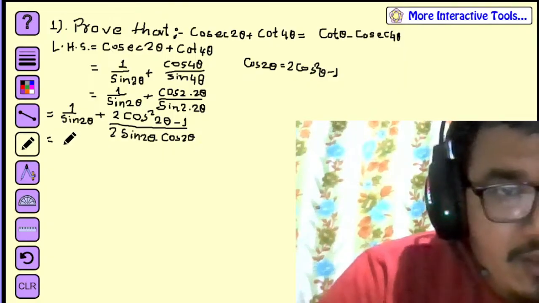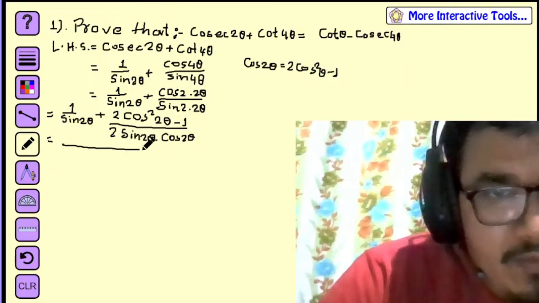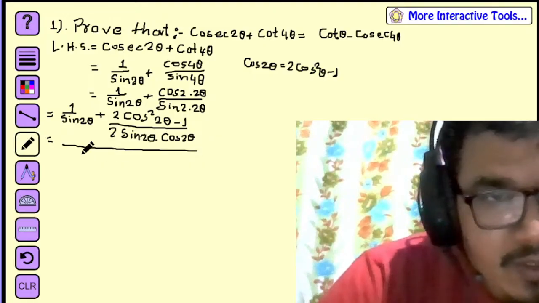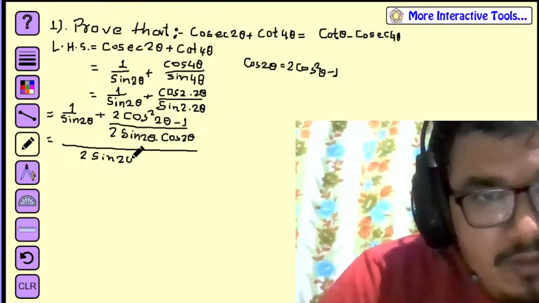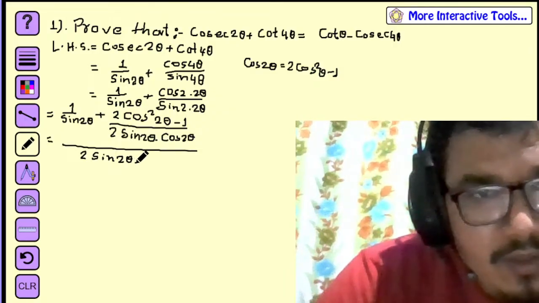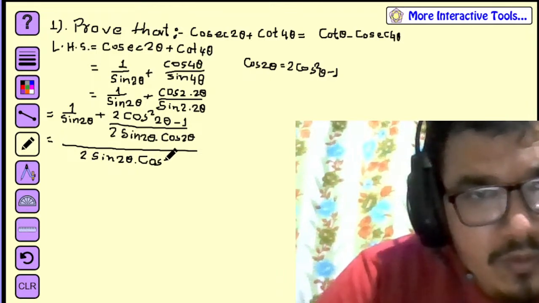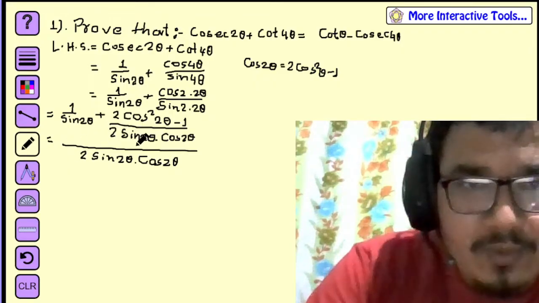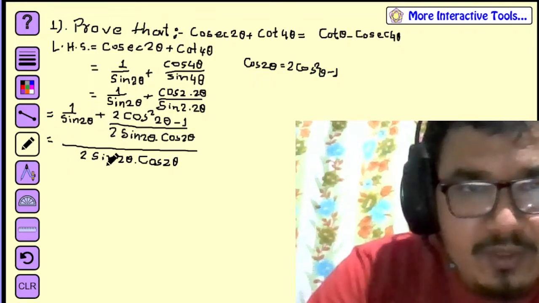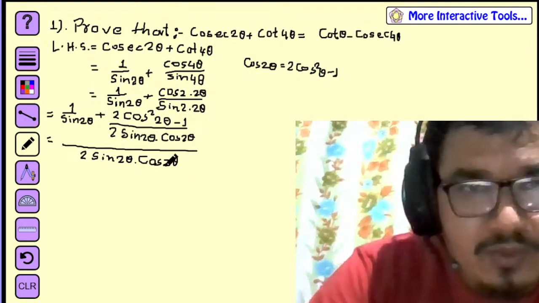Look here, the LCM will be 2 sine 2 theta into cos 2 theta.